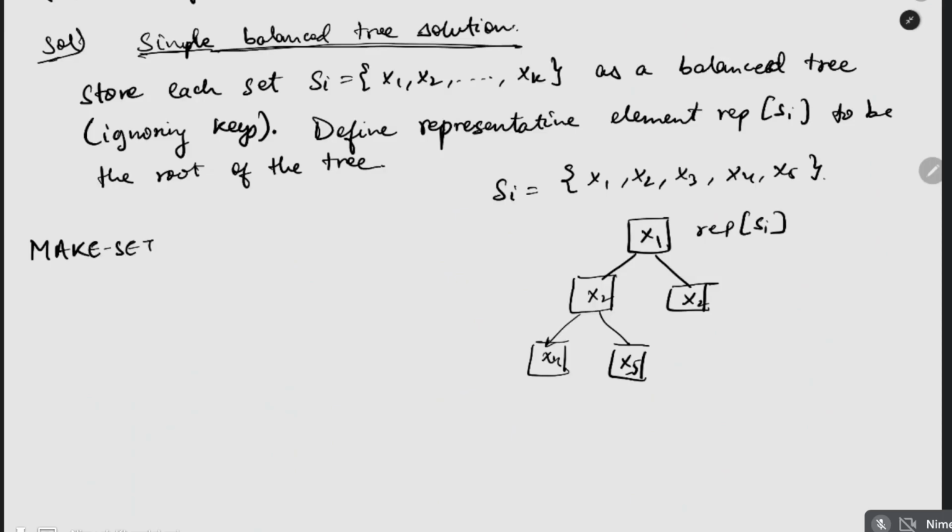And how are the three operations defined on this? So for make set, of course, since we are making a new set, we'll need to make a new tree.